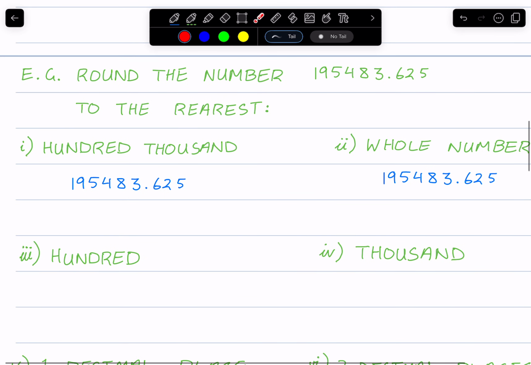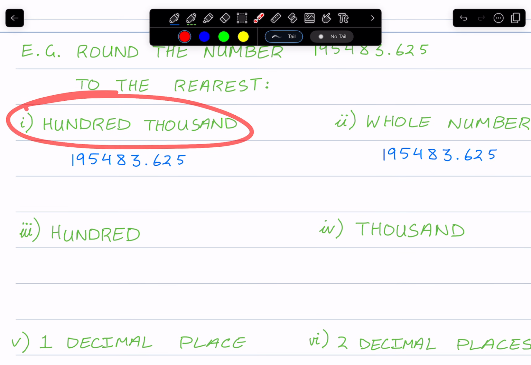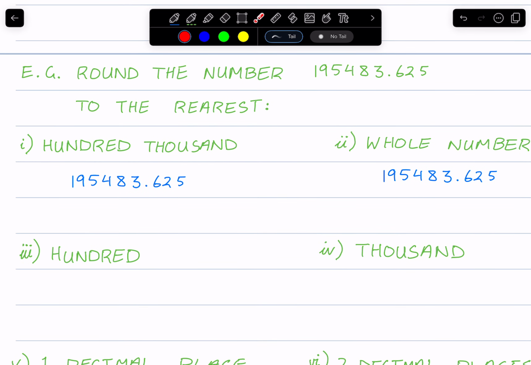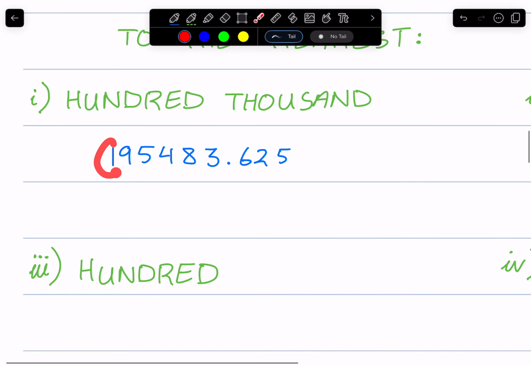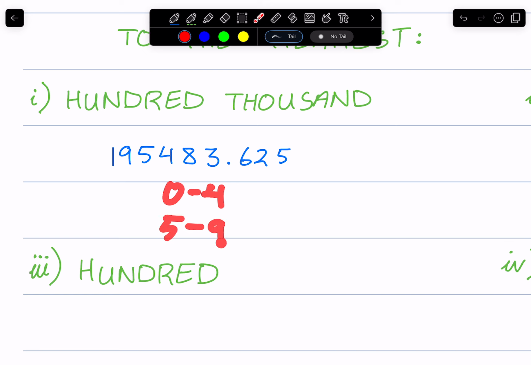So here we have the number 195,483.625. And for the first part of this example, we're going to round this to the nearest 100,000. So the 100,000th position is 1. So this is the chosen place value. And so we look at the number to the right and decide, is this number 0 to 4 or 5 to 9?